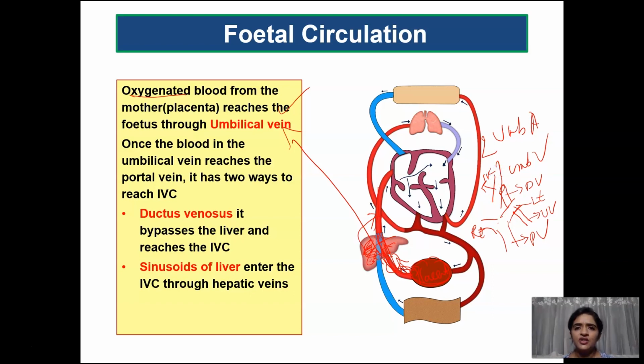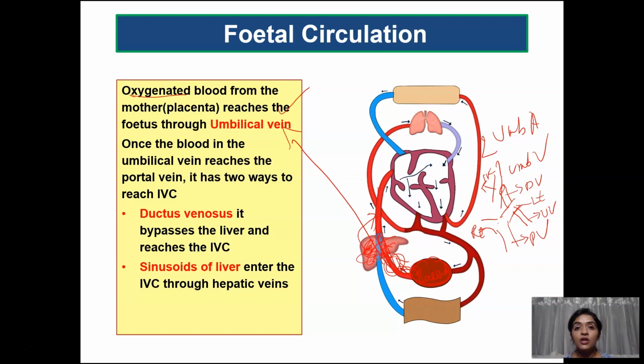Why do you need the ductus venosus, which is acting as a shunt? The reason is, if the major amount of blood passing through the umbilical vein enters into the liver, it will get deoxygenated. Our main purpose is to take this oxygenated blood to the developing brain.